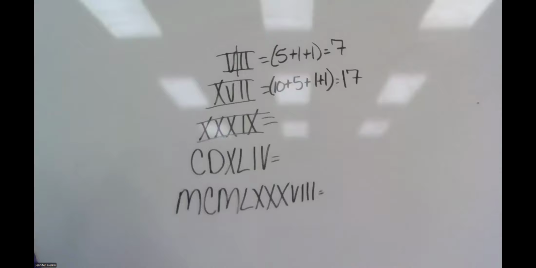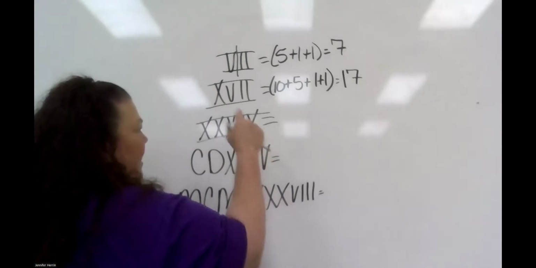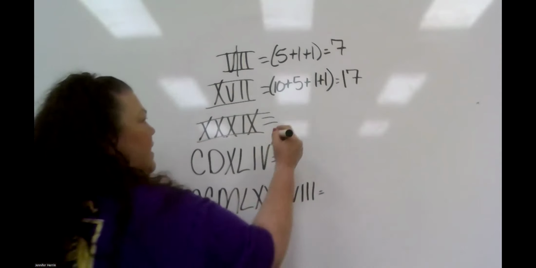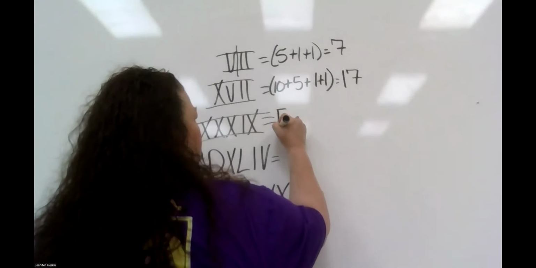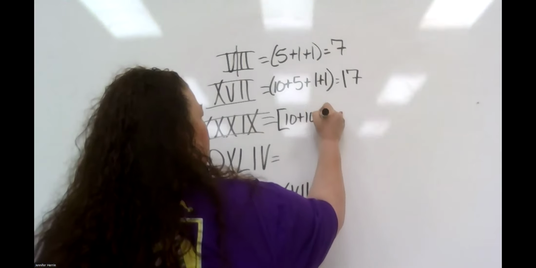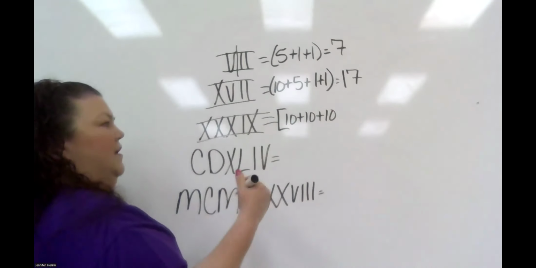My next example, we have X, X, X, I, X. So I have 3 of the same characters, so those I can just add, right? I do this one like this. So I have 10 plus 10 plus 10. But then here I have a small number in front of a big number.